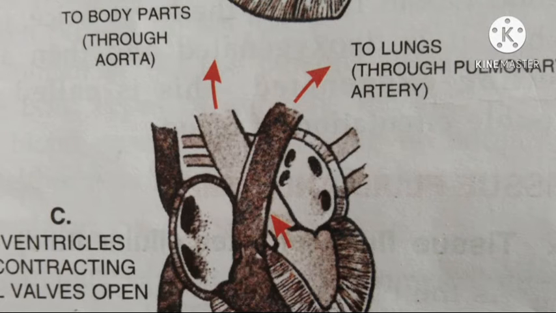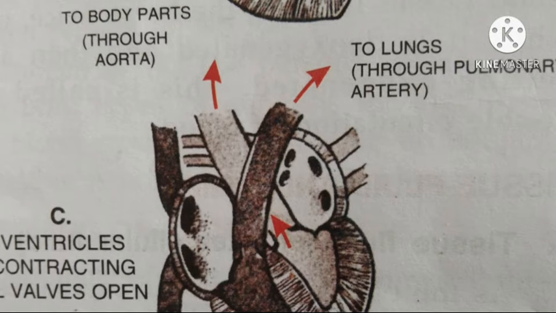The deoxygenated blood is pushed into the pulmonary artery. We have already learned that the pulmonary artery carries only deoxygenated blood, and this deoxygenated blood from the pulmonary artery is transported to the lungs for oxygenation.